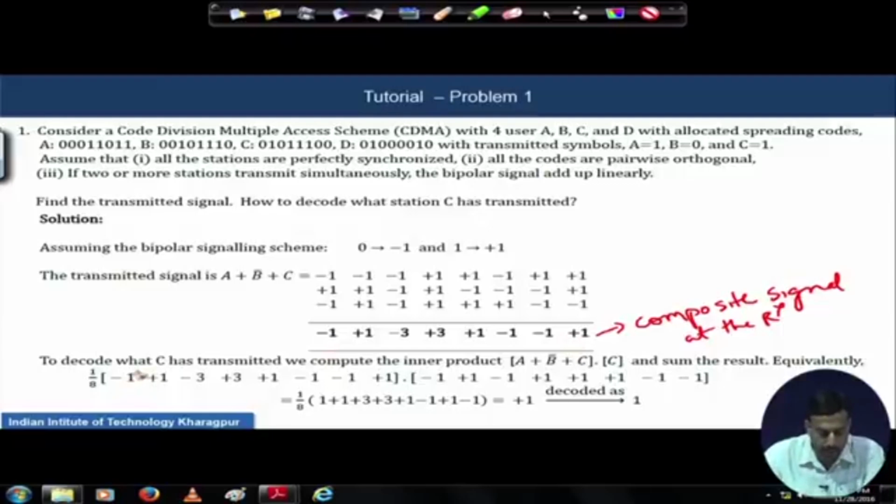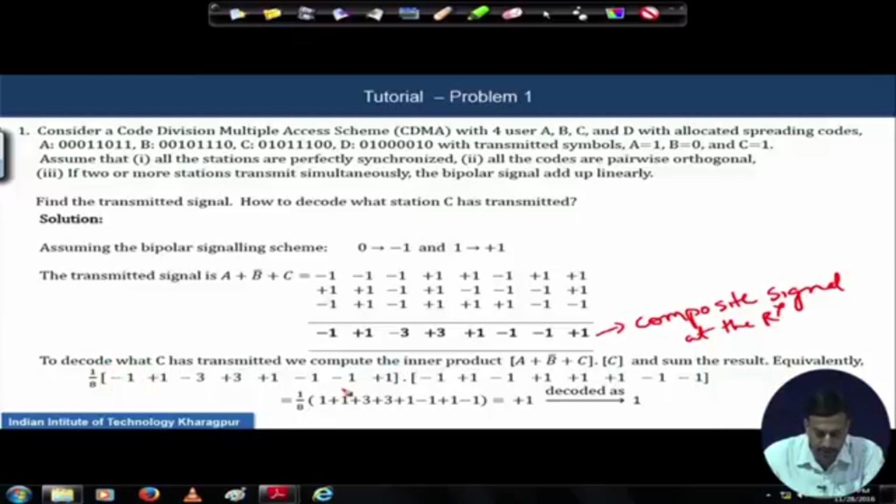So the way to decode what station C has transmitted is to take the inner product, by representing this in a vector form, as you can see, and merely take the inner product of this received composite vector with the code vector corresponding to C.